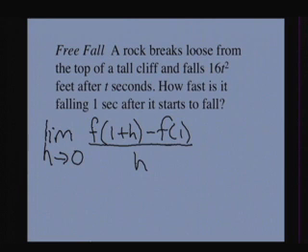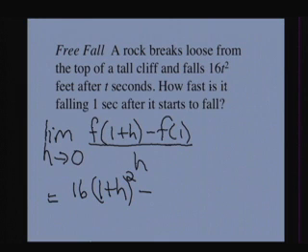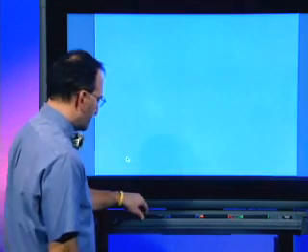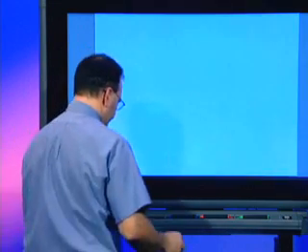So this would be equal to 16, 1 plus h quantity squared minus 16 times 1 squared all over h. And now let me move on to another screen where we can continue simplifying this.